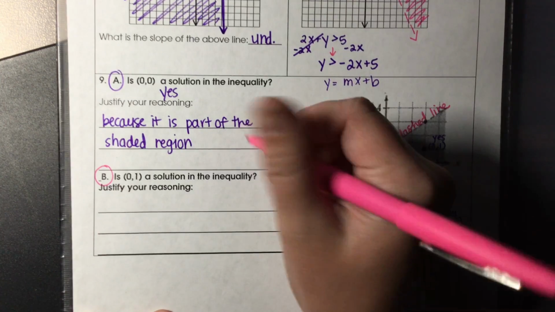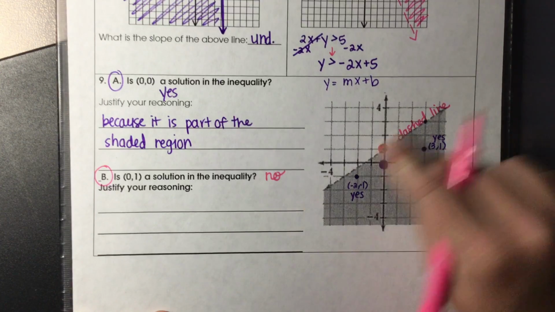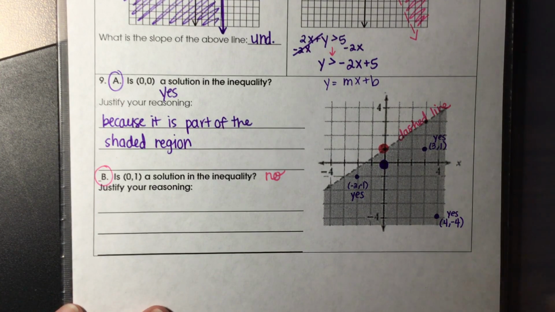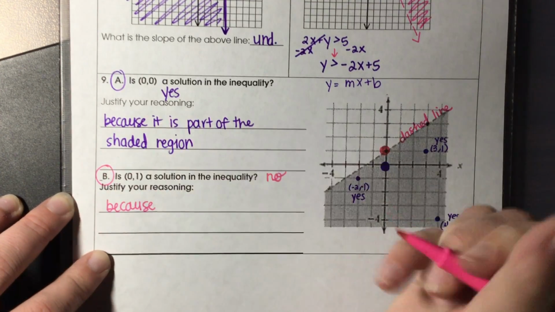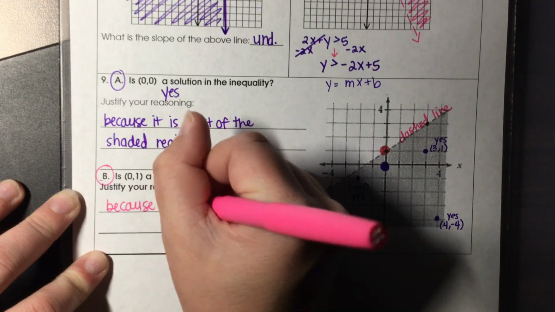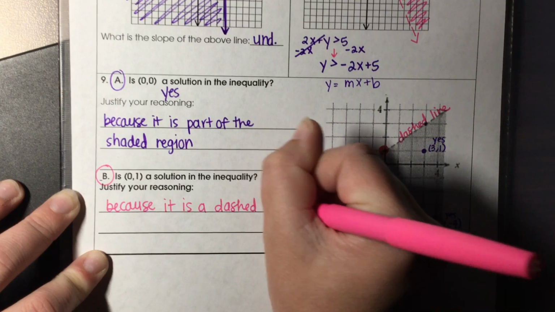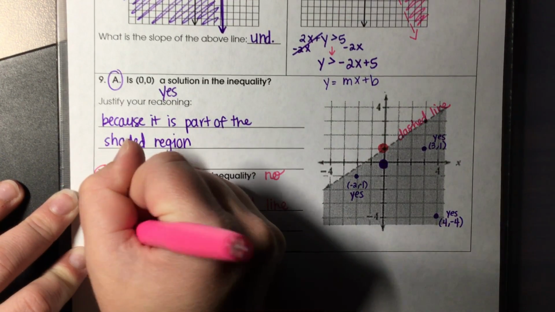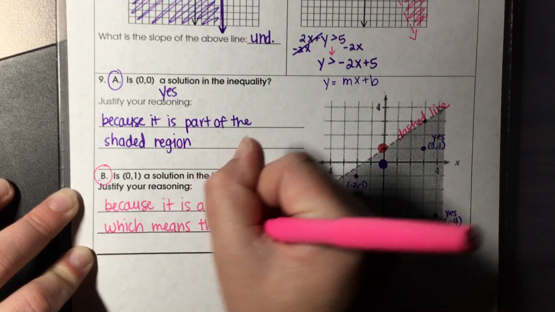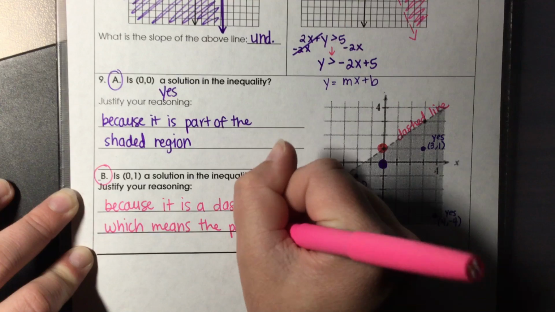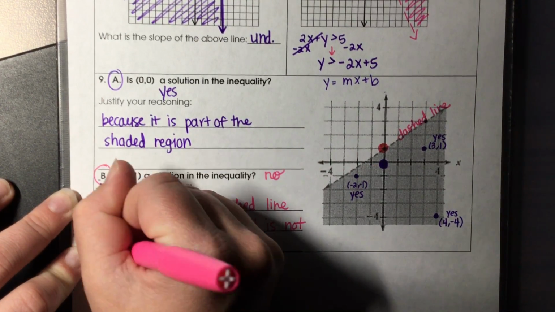So no, this is not a solution because it's not a point that exists if it's on that dashed line. So no, because it is a dashed line, which means the point is not included.